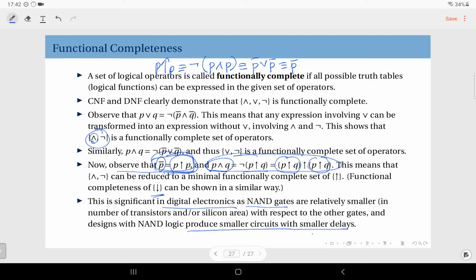And also it's going to be in a smaller silicon area, which means it's going to be cheaper because it will require less material. And furthermore, it's going to heat up less. Therefore, these are all advantages of using NAND logic, and it's a practical application of a mathematical result to a real-world engineering application.